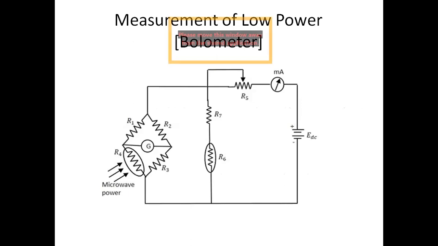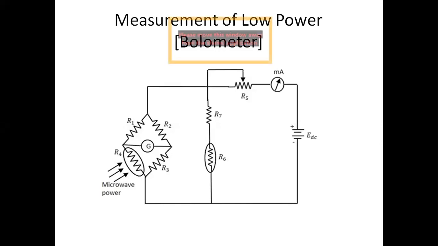The positive temperature coefficient device is known as barretter, in which the resistance increases with the increase in temperature. Then there is a negative temperature coefficient device, that is thermistor, in which the resistance decreases with increase in temperature. So the bolometer used in the low power measurement uses either this barretter or thermistor.